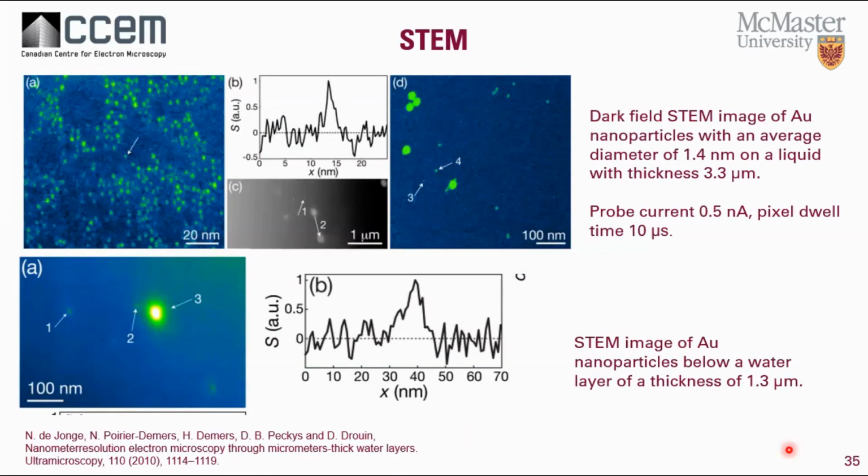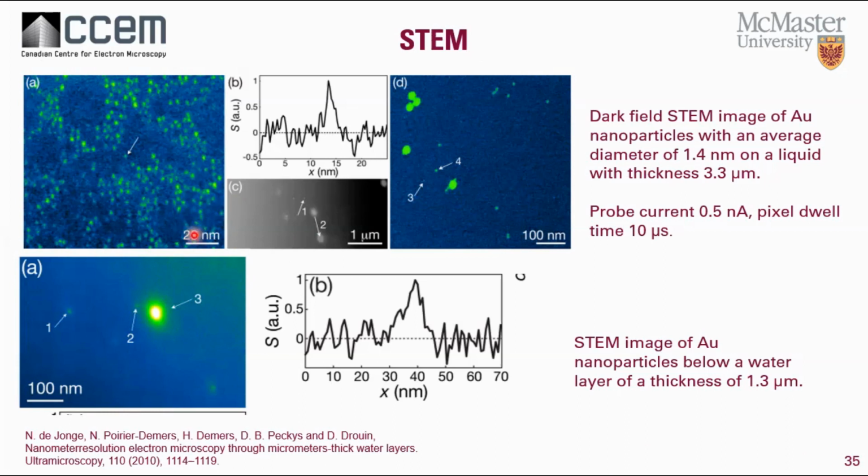This is a nice case where STEM was used to image gold nanoparticles. The particles were with the average size of 1.4 nanometer in liquid thicknesses actually bigger than 3 microns. So the upper image is from the top layer, the water top layer.